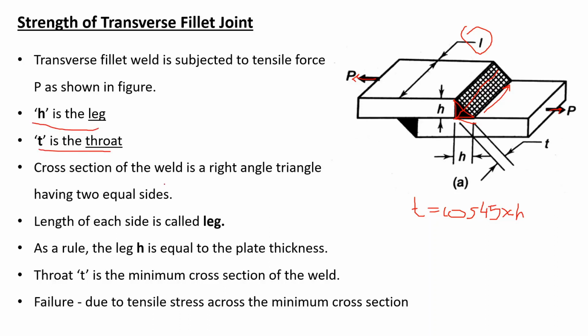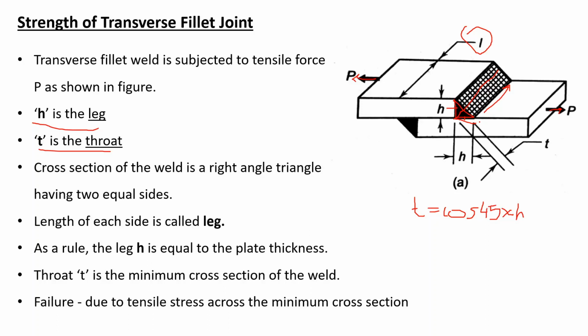The cross section of the weld is again a right angle isosceles triangle, where this length is equal to this length and taken as H. Again the transverse fillet weld will fail across the minimum cross sectional area given by the throat times the length of the weld.